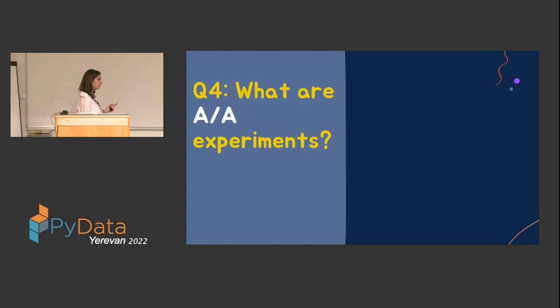Maybe you have a bug. So running AA experimentation will help you understand whether your technical setup is working, and then you do AB experimentation on top of it. This will help you eliminate technical difficulties and bugs on that side.